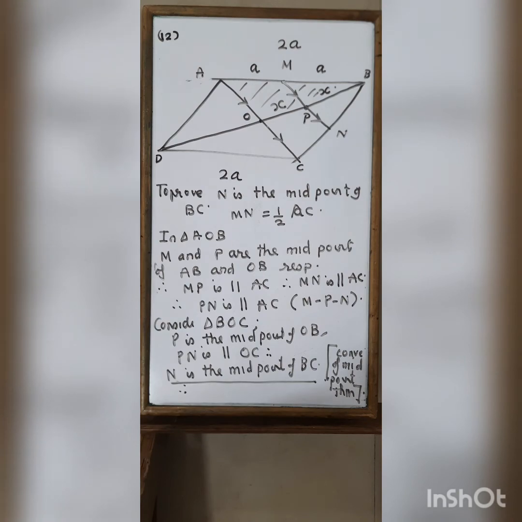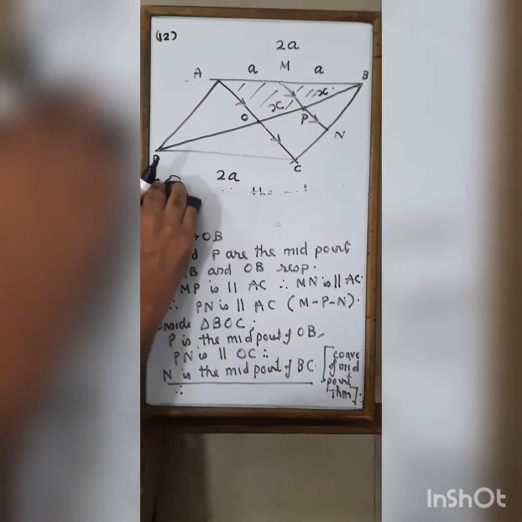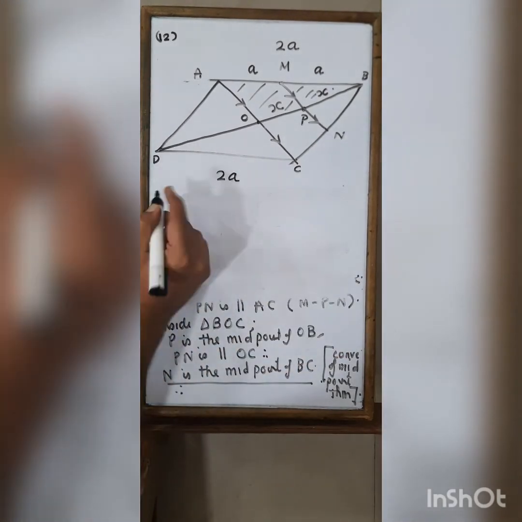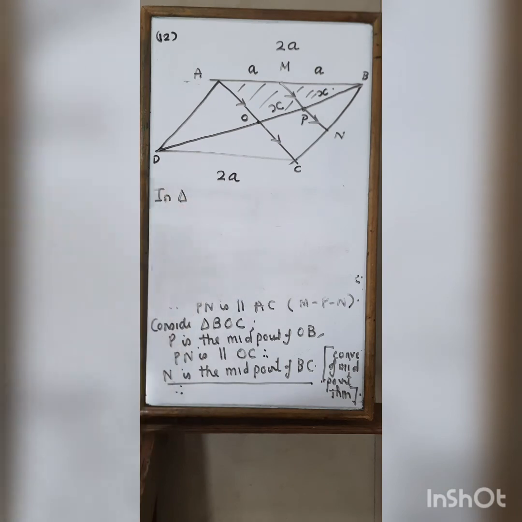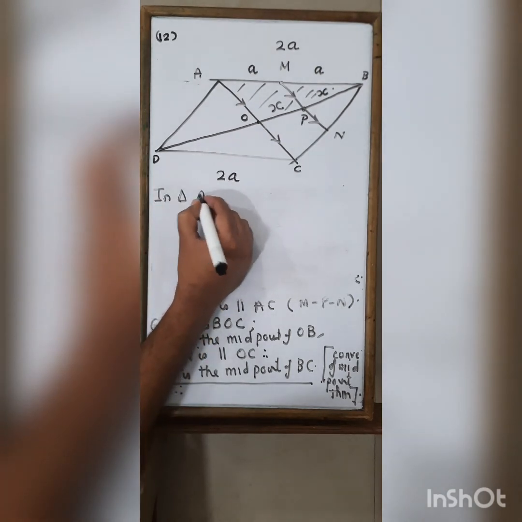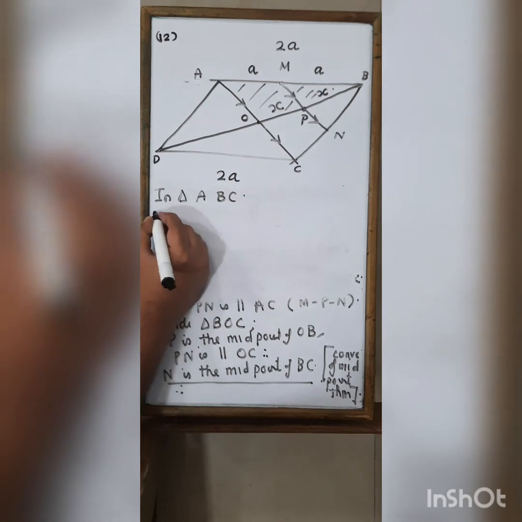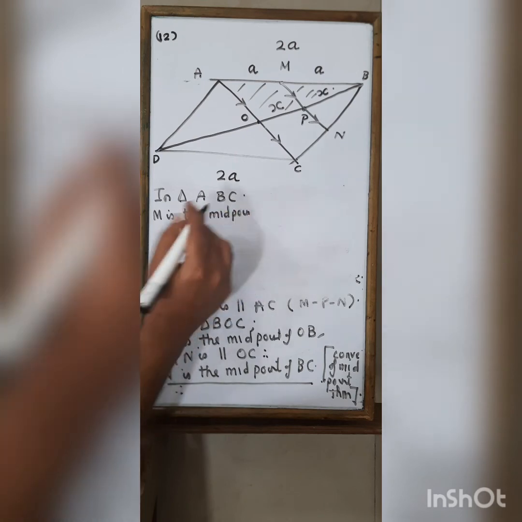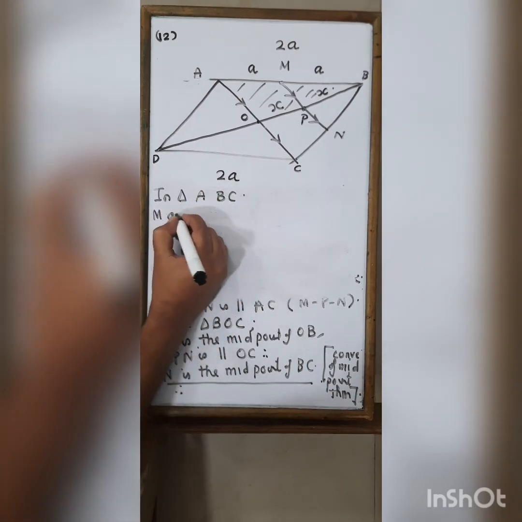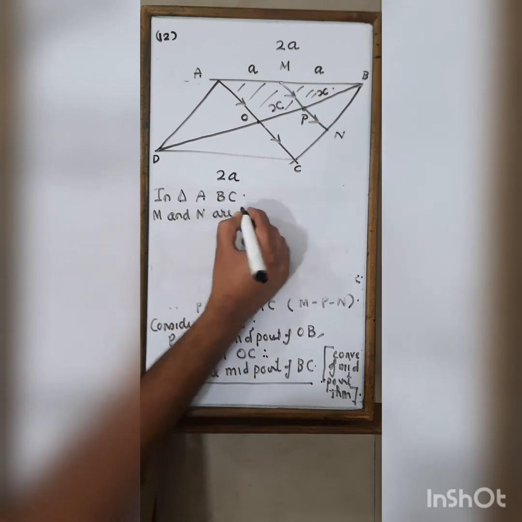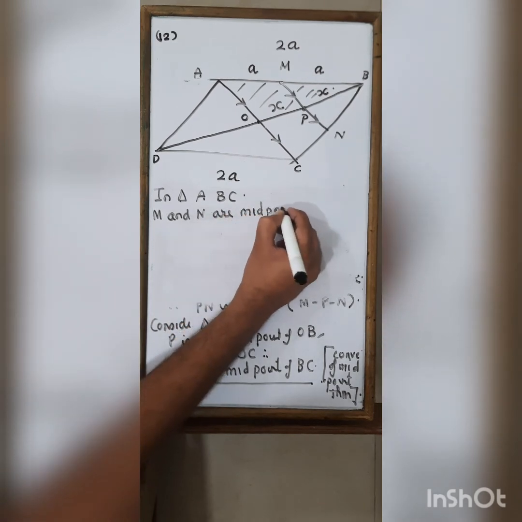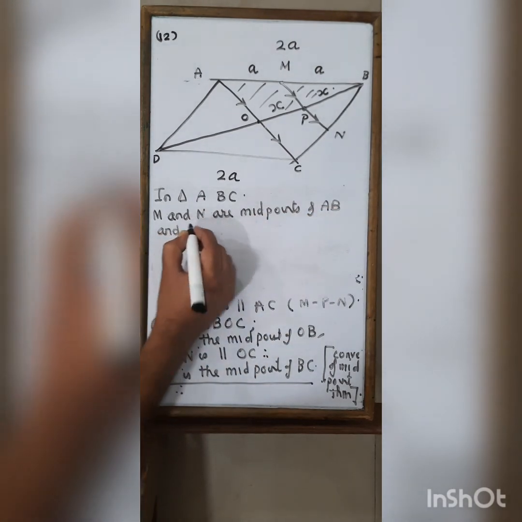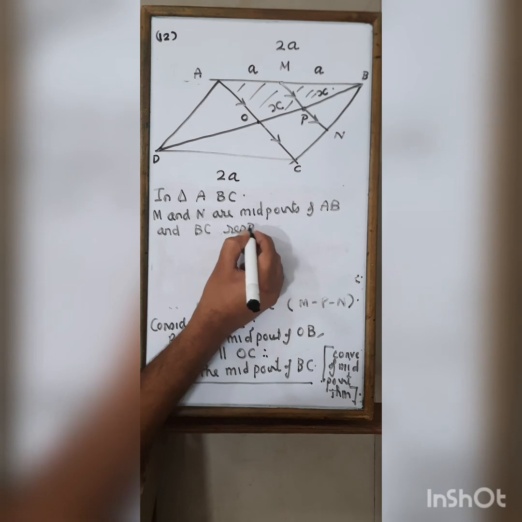And next part is in triangle ABC, M is the midpoint, or I can say M and N are midpoints of AB and BC respectively.